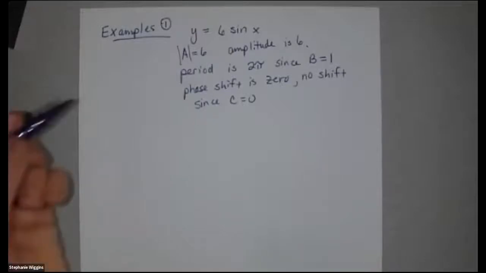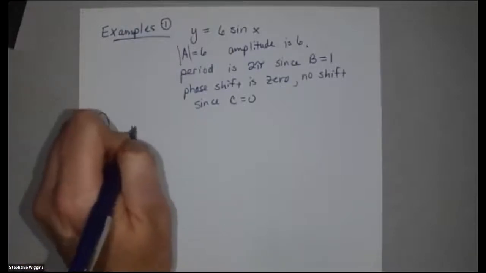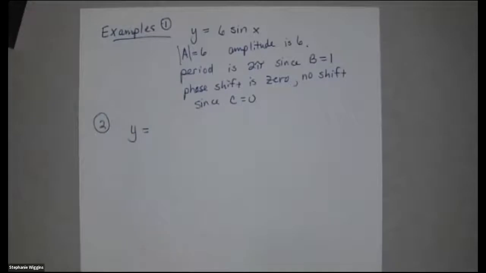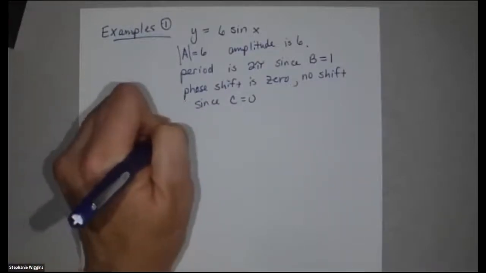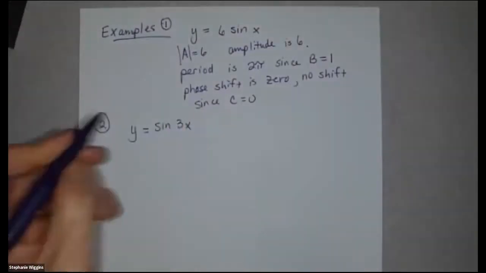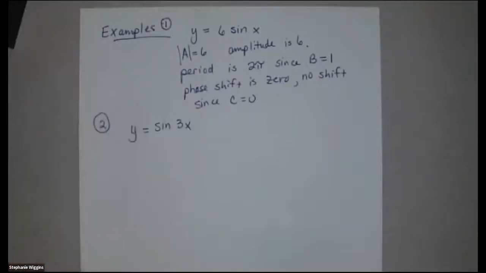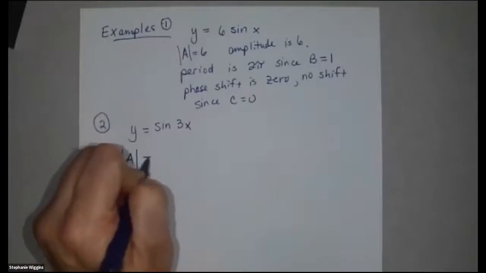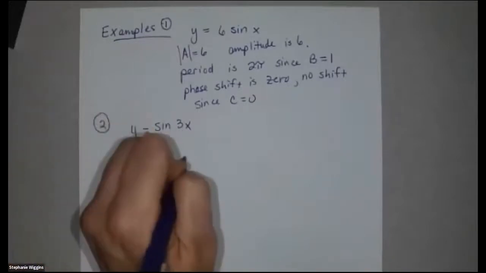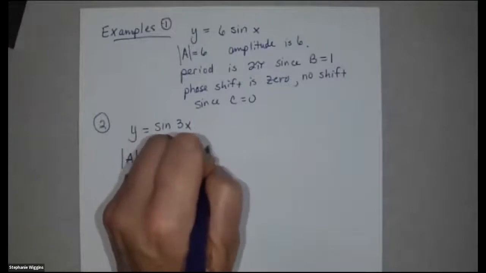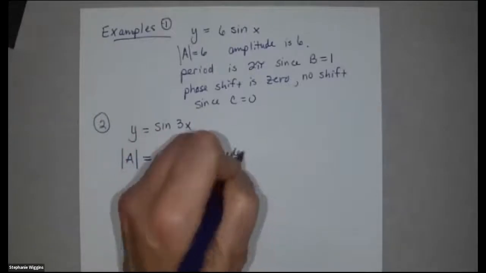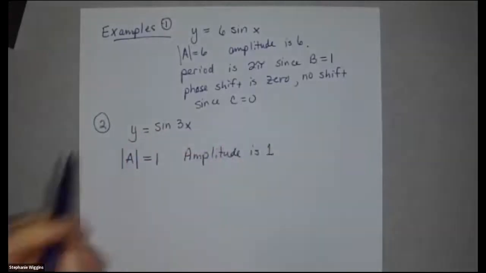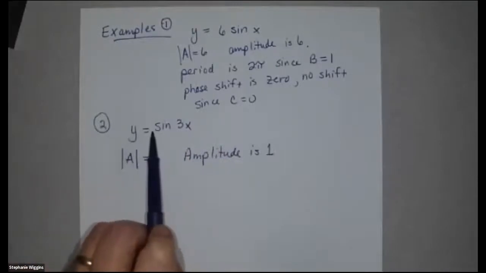All right, now for the next problem, y equals sine 3x. Okay, the amplitude is 1 because the absolute value of A is 1. So the amplitude is 1. And that's because this constant in front of the sine is not listed there. It's assumed to be 1.